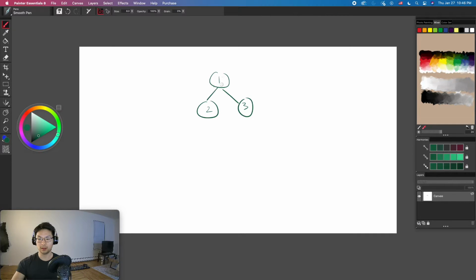This guy has two kids. Now, usually in a heap, we're dealing with a complete tree, meaning we have all of the levels filled out, and if they're not filled out, then we still have nodes filled out on the left side, leftmost, right?